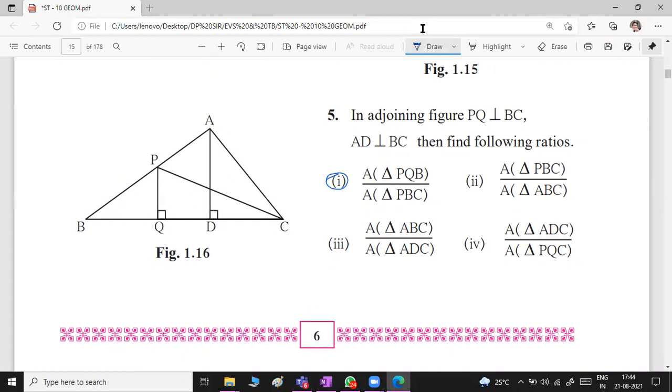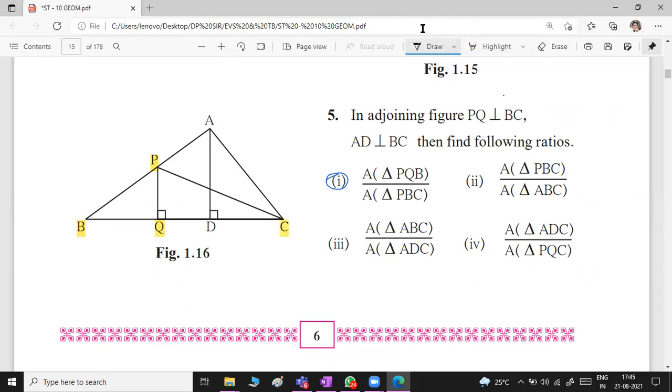First of all, have attention on PQB. ये PQB पे ध्यान दो. PQB, focus on these 3 points, मतलब ये triangle, and PBC, B किधर है? B और ये C.